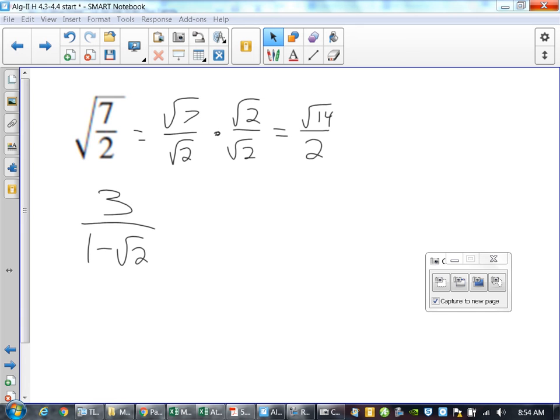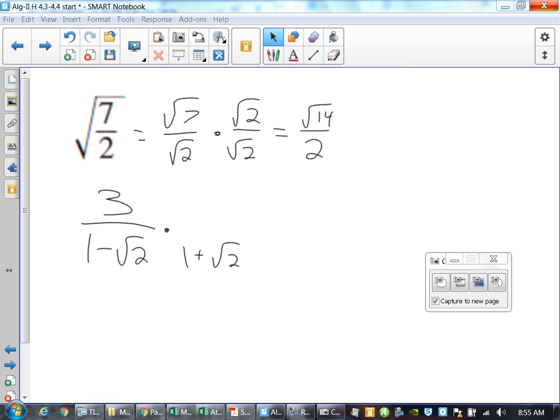The same basic idea here is that we multiply the denominator by the exact same thing, but we change the sign. By doing that, you are creating a difference of squares.